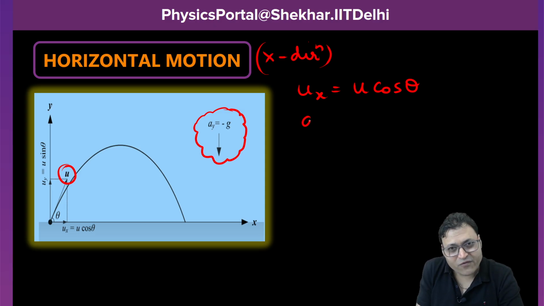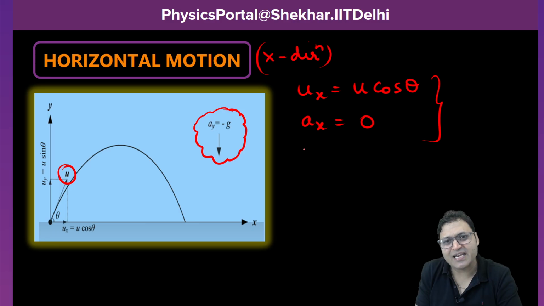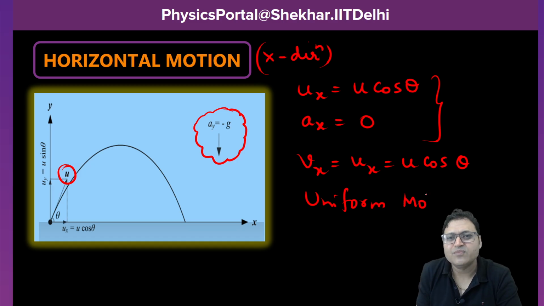The component of acceleration in x direction will be 0. There is no acceleration, so we can say final velocity will also be the initial velocity, that remains constant, u cos theta. Such motion is called uniform motion.